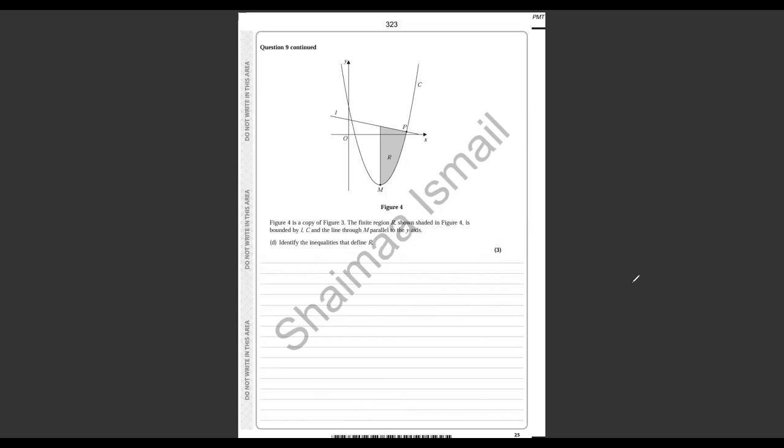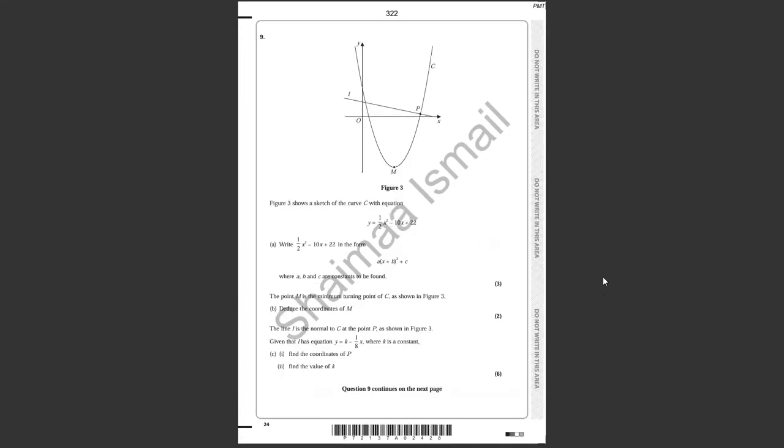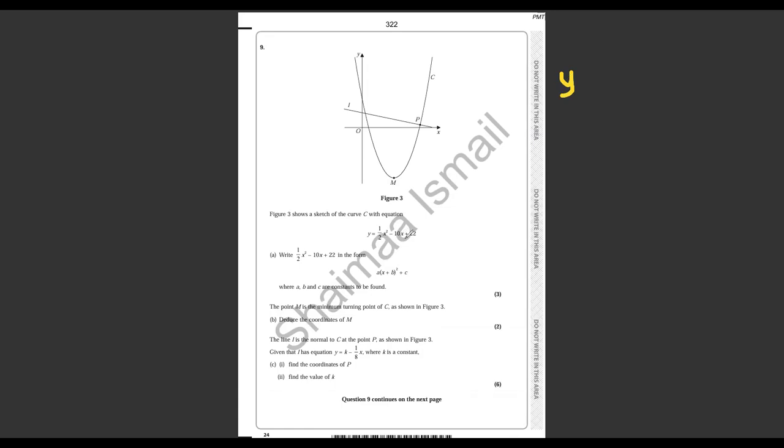Okay, remember here we have an equation of the curve. The curve equation will be y equals half x squared minus 10x plus 22. And the equation of the line equals 25 over 4 minus 1 over 8x.